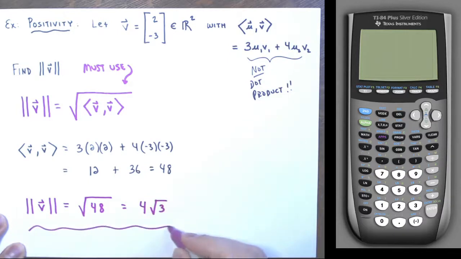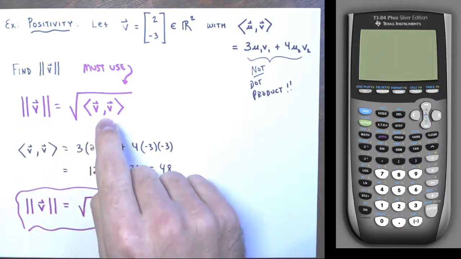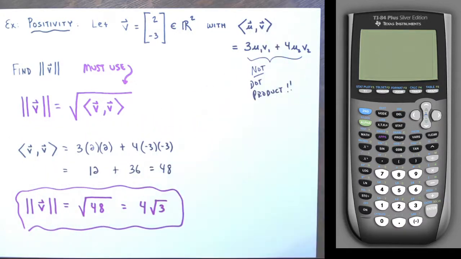And again, you can approximate that by punching it into a calculator. It should be close to 7 units. And again, this is not the square root of 13. You might say, hey, I thought it was the square root of 13. That's under the dot product. The way the norm is defined depends on how the inner product is defined. So please pay attention to how the inner product is defined before you go finding your norm.